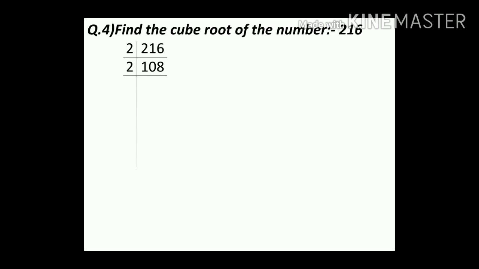So again in the unit place what is there? 8. So that number is divisible by 2. So we get the answer, children, 54. 54 again is divisible by 2.